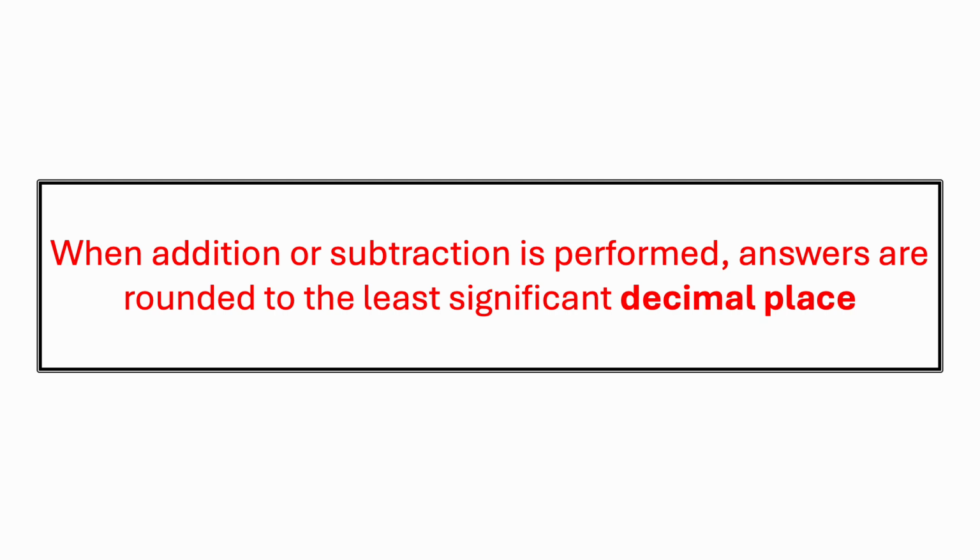Let's look at how you use significant figure rules when you do calculations. First one, when you are adding or subtracting, answers are rounded to the least significant decimal place. Let's look at some examples. The first one, 2.34 is going to add to 5.43.